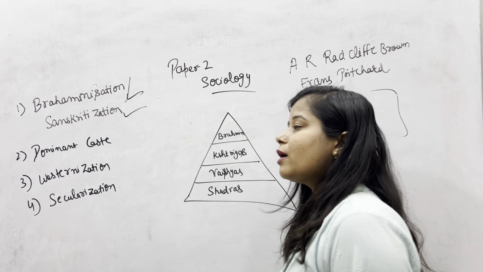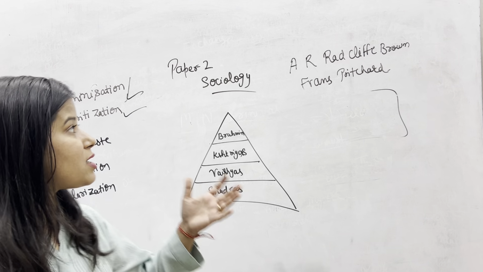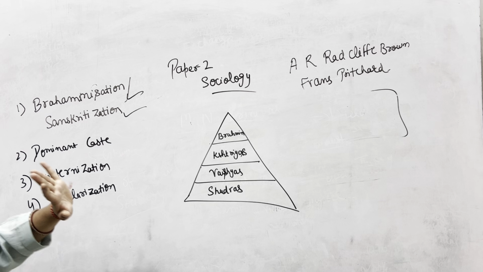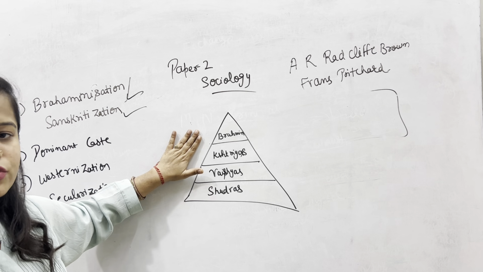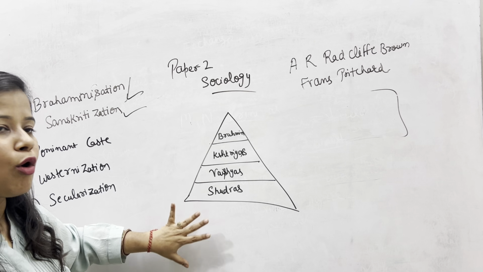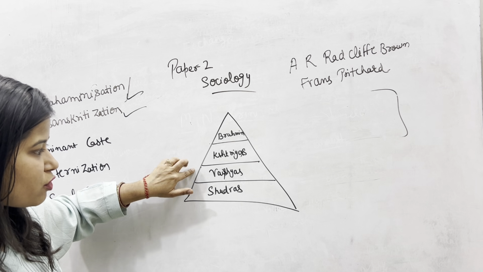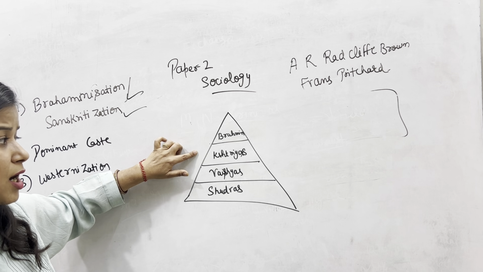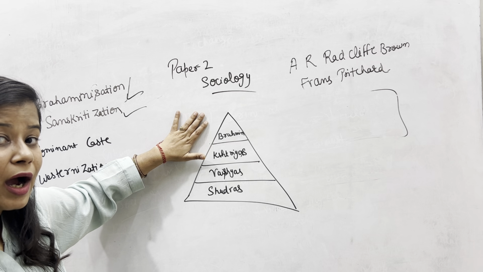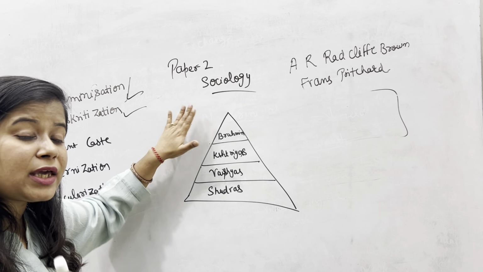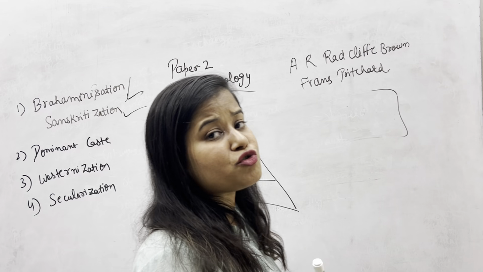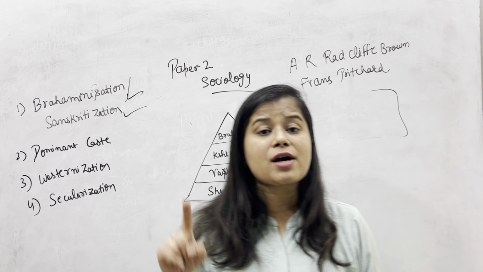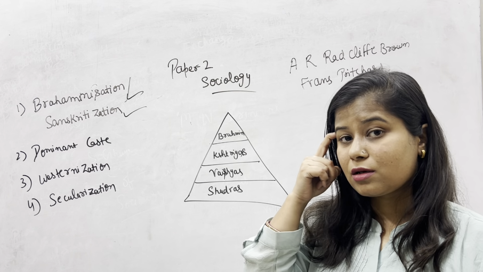So what M.N Srinivas mentioned with the concept of Brahmanization is that the people or groups in the lower castes of the society, like Shudras, Vaishyas, Kshatriyas, are trying to imitate or copy the upper caste of the society, which is Brahmin.